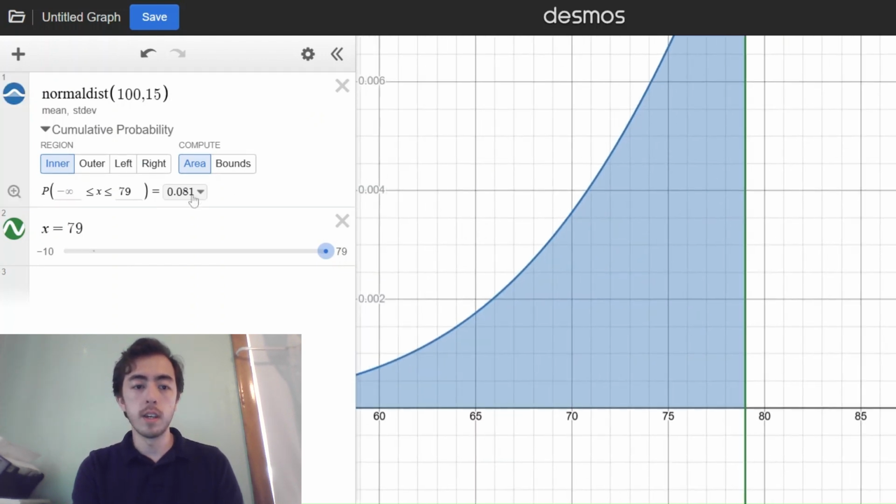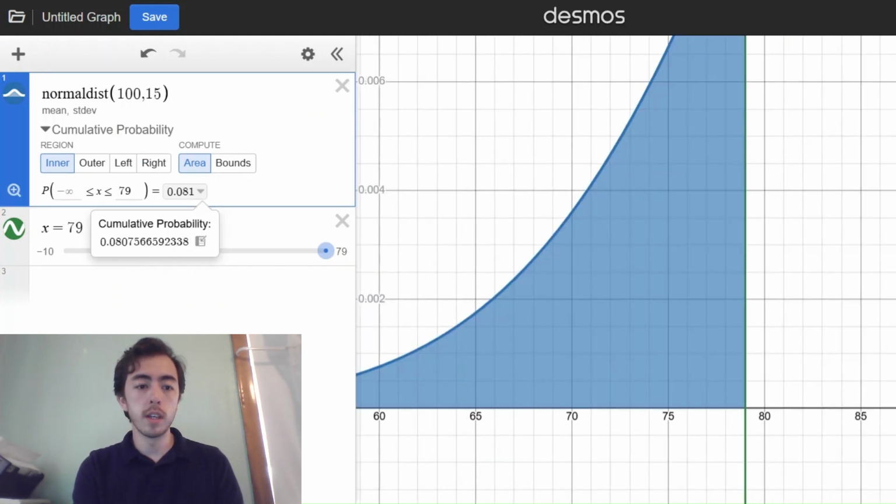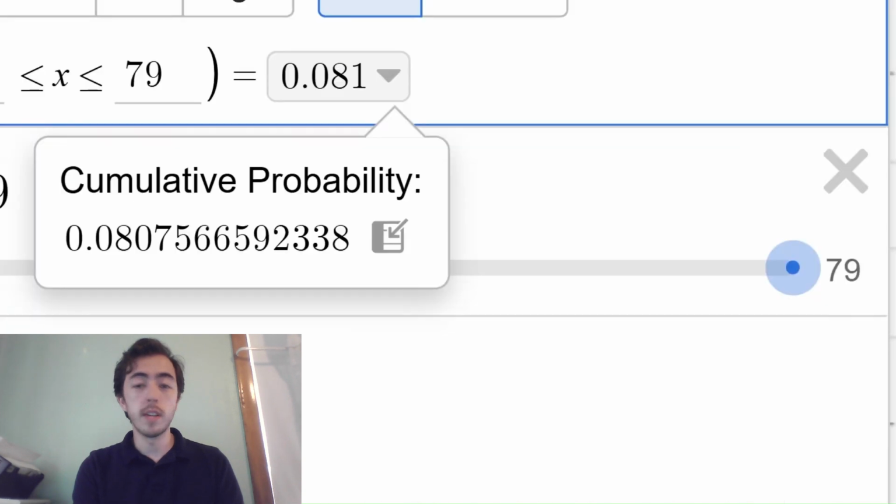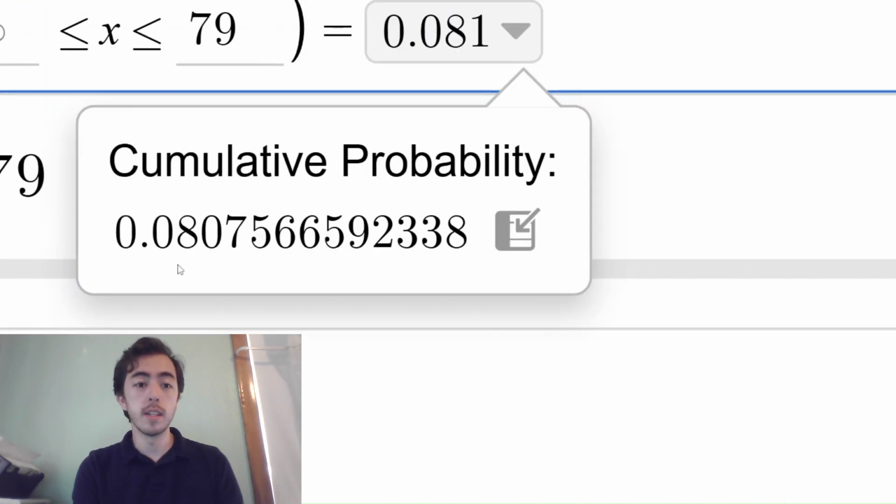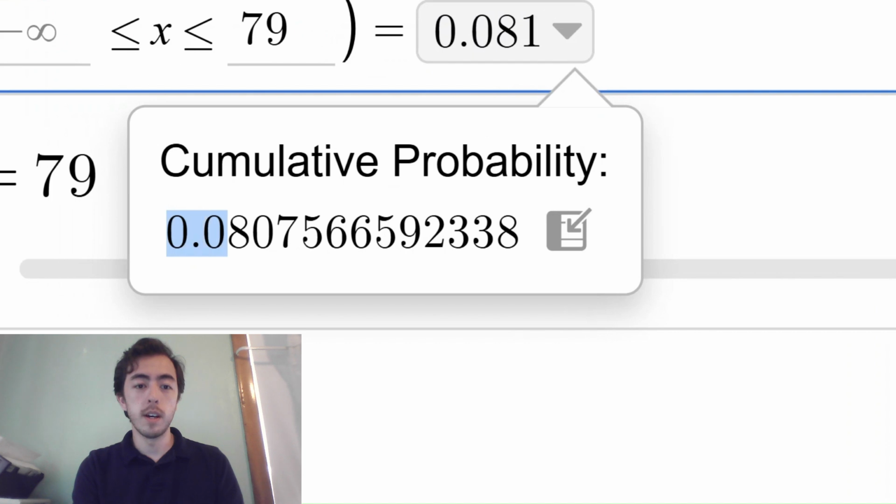And then we can see that the cumulative probability that we get from Desmos is actually more accurate than that z-table. We get more information here, and it shows that the z-table was rounding to the 4th decimal place.